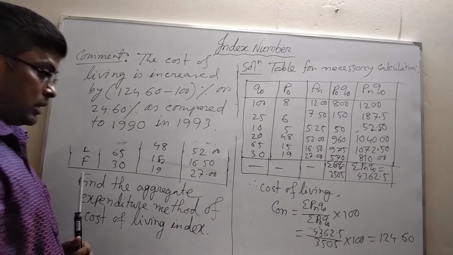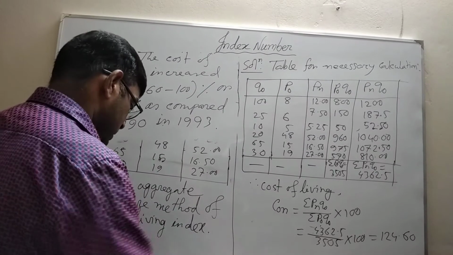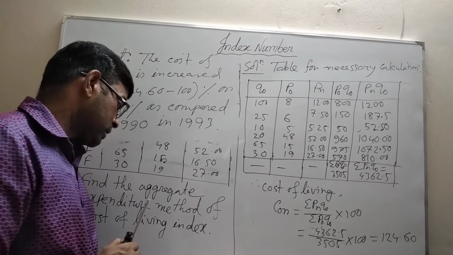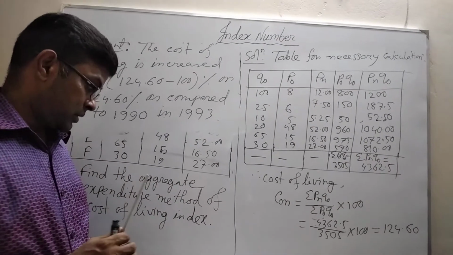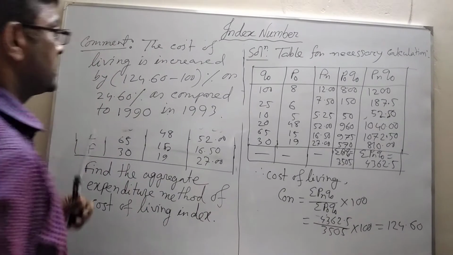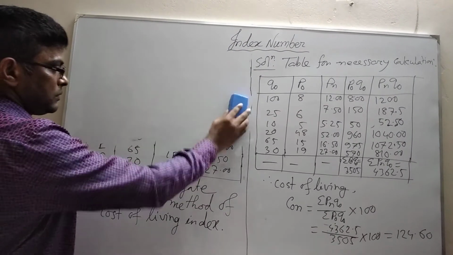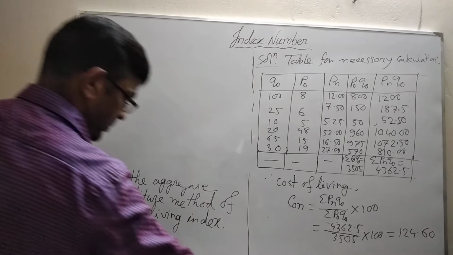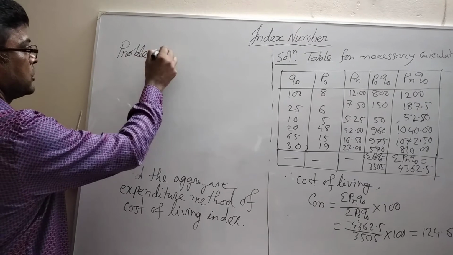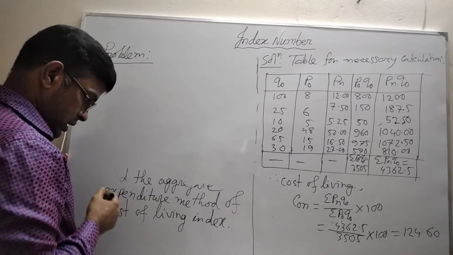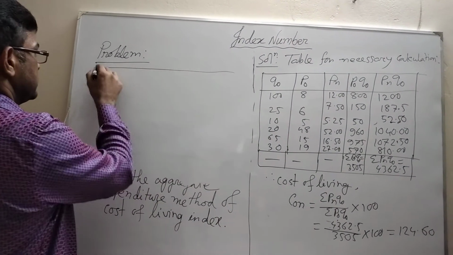Now we can solve another problem, the cost of living index by the family budget method. Another problem we can write: problem number 2.